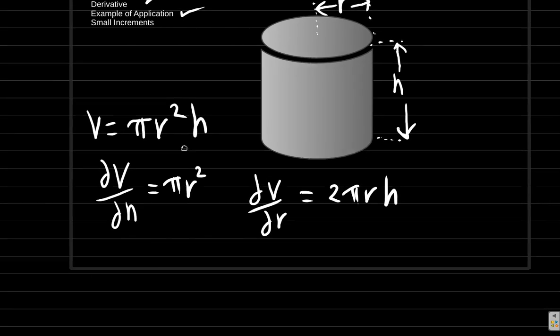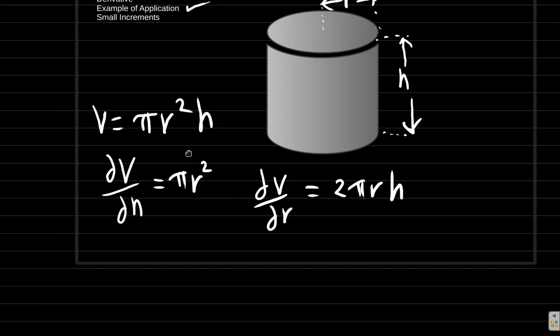So therefore, if you consider r changing, then r would become r plus delta r. Now notice this delta is a different delta from this one. We're going to use this one in partial derivative, right?